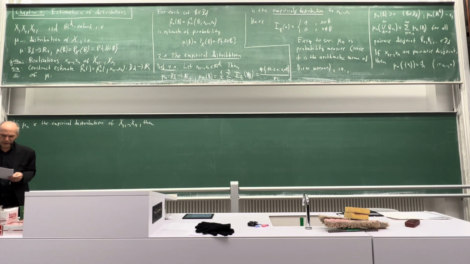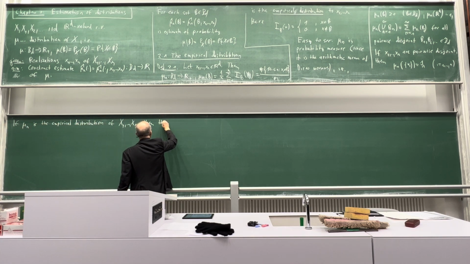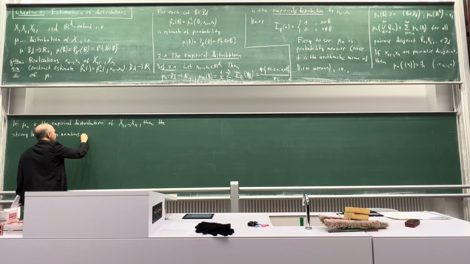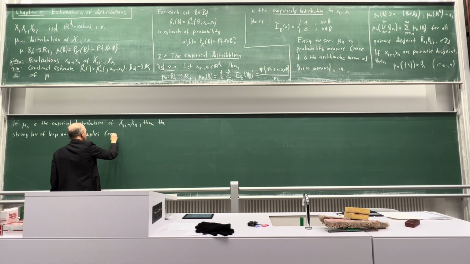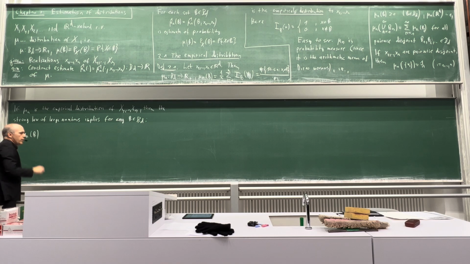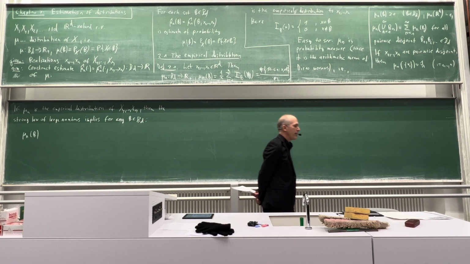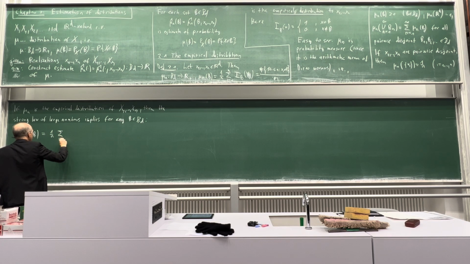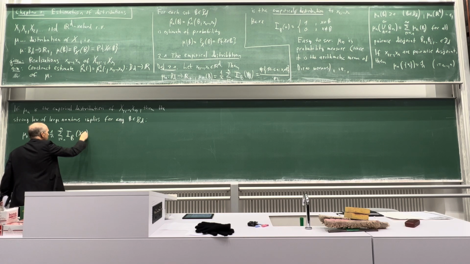then the strong law of large numbers applies for each B in the Borel sets of R^d. If I look at nu of B, by definition that's just the arithmetic mean of the indicator function of B evaluated at capital X1 to capital Xn.